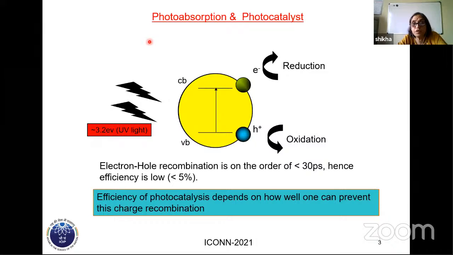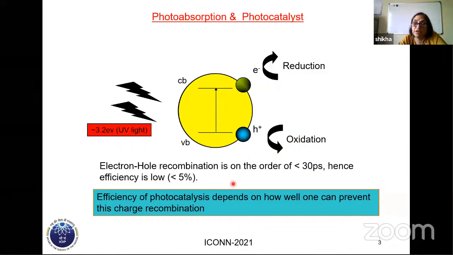Regarding photoabsorption and photocatalysis, TiO2 has a wide band gap, and due to the wide band gap, it's only UV light which is able to promote an electron from the valence band to the conduction band. But once this exciton is generated, electron and hole can be separately used for reduction and oxidation processes.